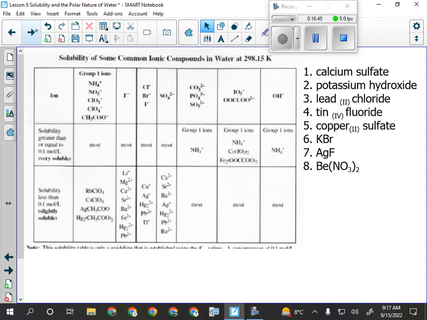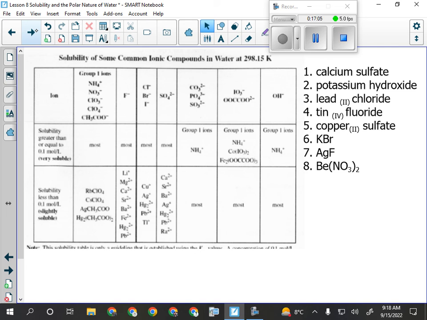All right, on the back of your periodic table, you will see this chart, the solubility of some common ionic compounds in water. This is the thing we have to learn how to use, and it's pretty easy.